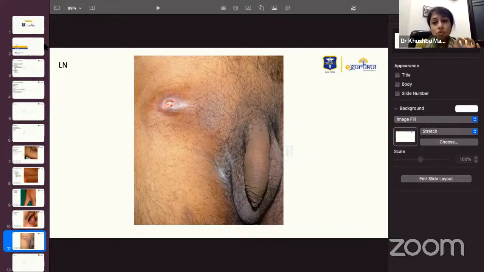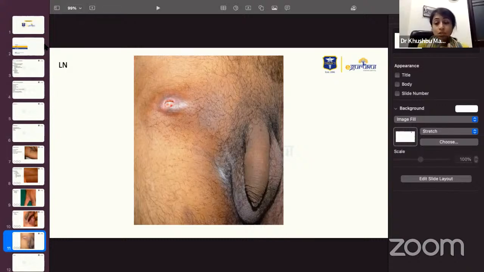If a donovanosis ulcer is present over the area of a lymph node, it will mimic a lymph node which has burst out, or an abscess which has burst out. But in donovanosis, there is no lymphadenopathy.